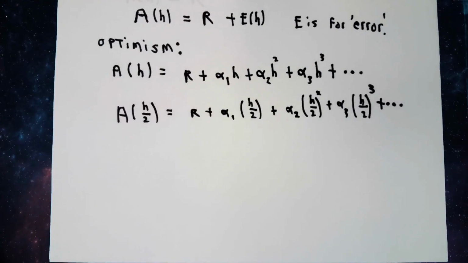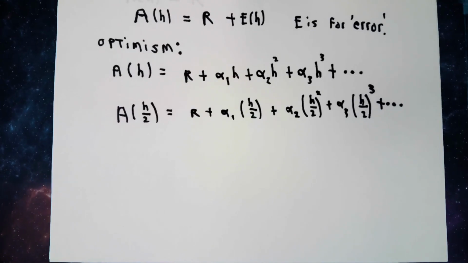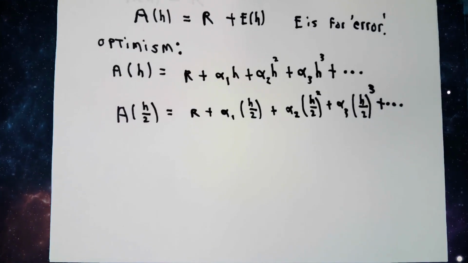The coefficients alpha 1, alpha 2, and so on are not known to me, so at first glance it seems as though this wouldn't be of any great use. That turns out to be wrong.